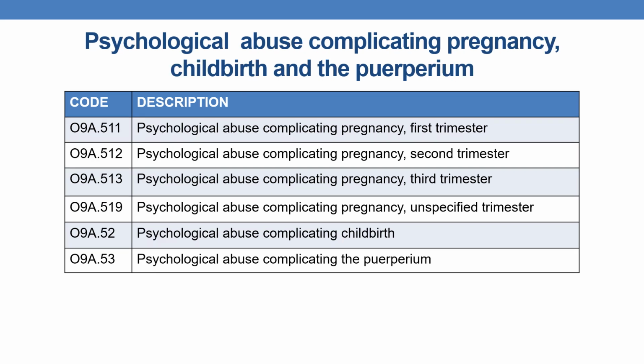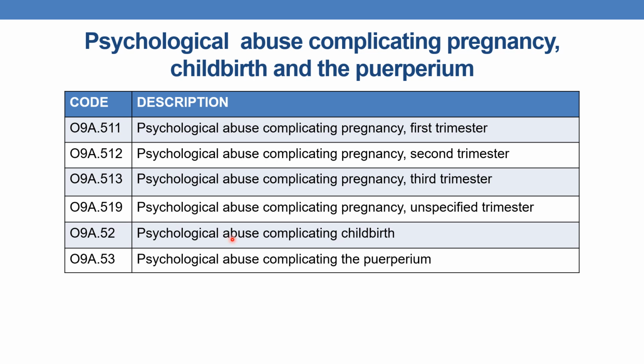Finally, coming to psychological abuse complicating pregnancy, childbirth and puerperium. It is given by the subcategory O9A.5. O9A.511 indicates psychological abuse complicating pregnancy first trimester. O9A.512 indicates psychological abuse complicating pregnancy second trimester. 513 indicates psychological abuse complicating pregnancy third trimester.